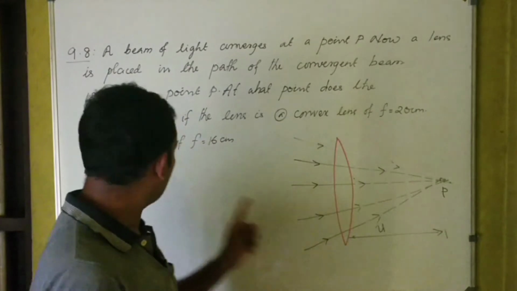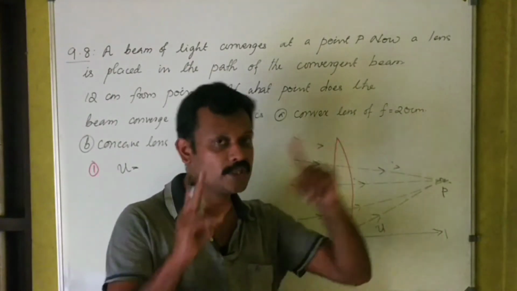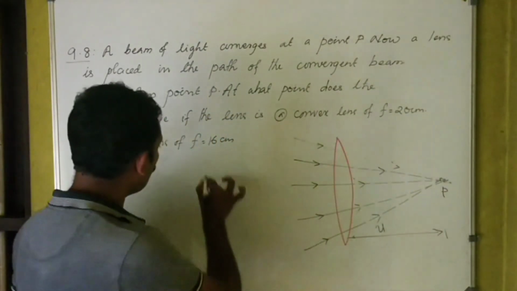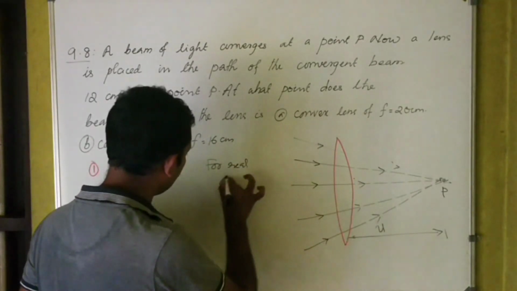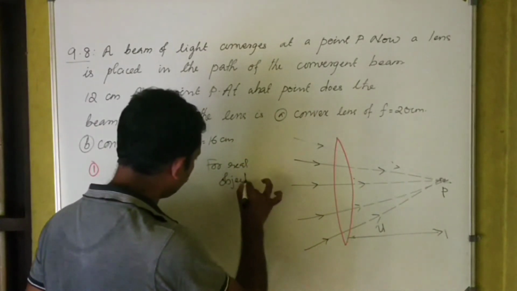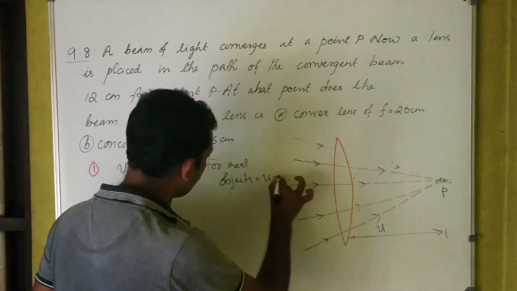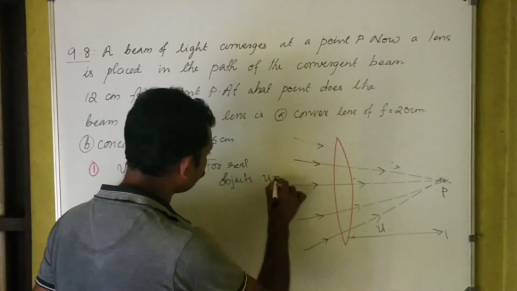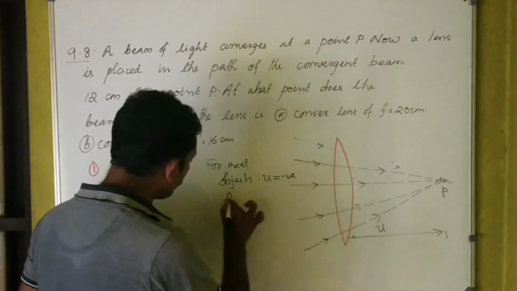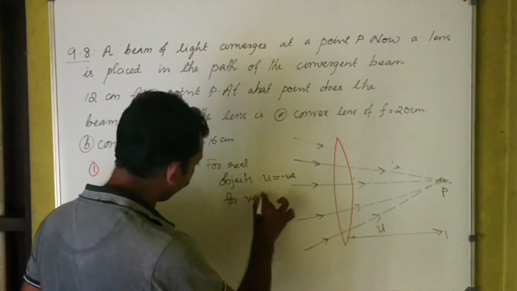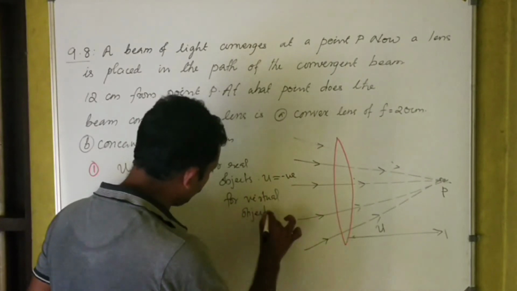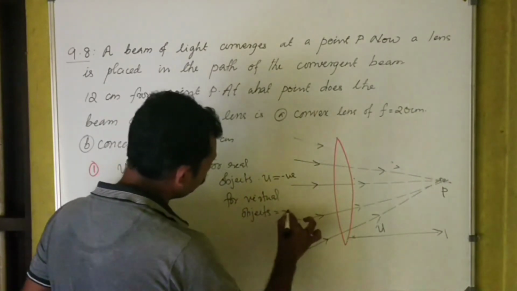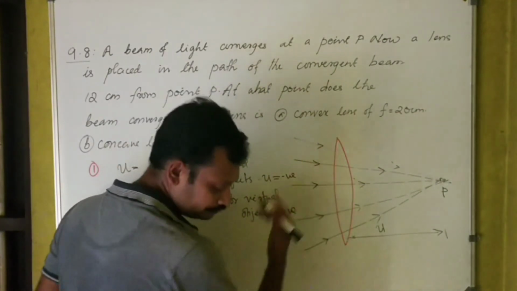That is because for real objects, U is negative. For virtual objects, which will be on the other side of the lens, U is positive.